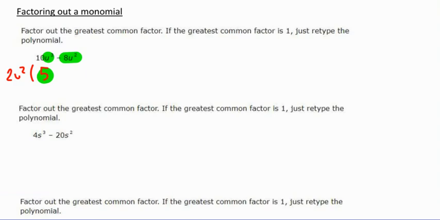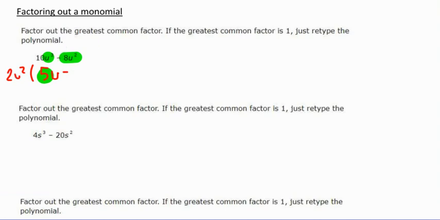My greatest common factor is u squared, and I need u cubed, so I need 1 more u. We can check this, piggybacking off multiplying monomials: 2u squared times 5u is 10u cubed, and that gives us this term back. The minus here, we just bring down.